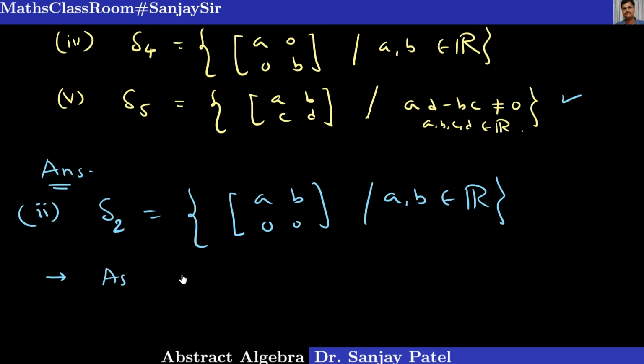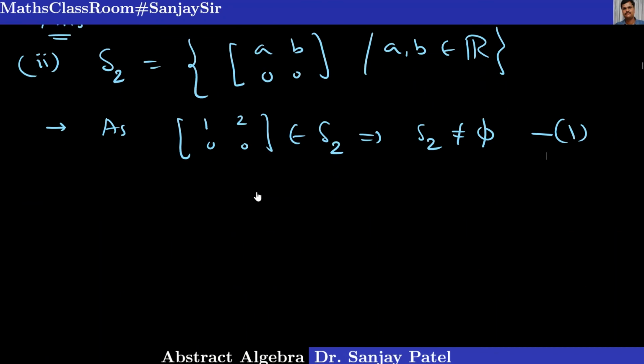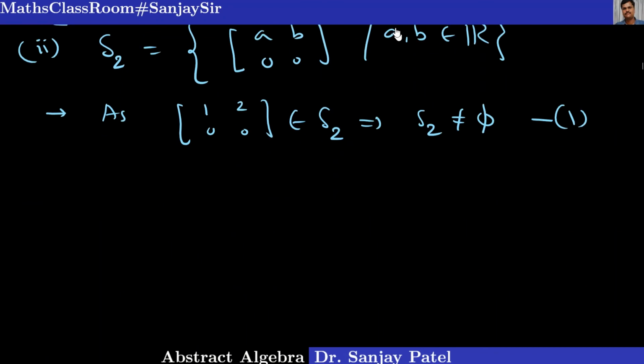First you have to show that it is a non-empty set. As the matrix [1, 2; 0, 0] belongs to S2, I can say S2 is a non-empty set. So this is my result number 1. Next, let us take two elements A and B. Since elements of this set are matrices, I will denote them using capital letters.